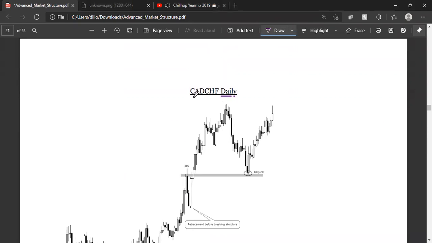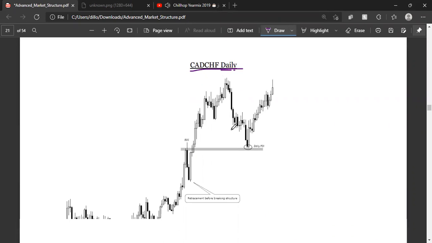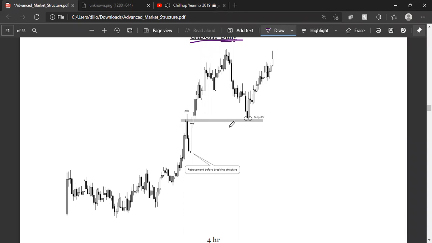So the next example that we were going to do is CAD CHF on the daily. So what do we see, right? Well, we notice structure is starting to break to the upside.